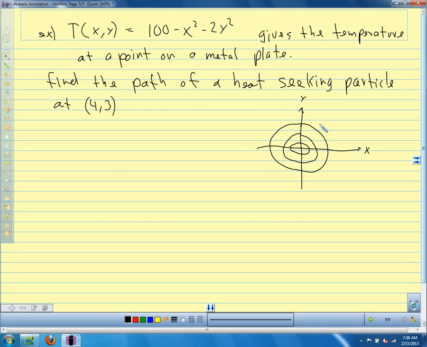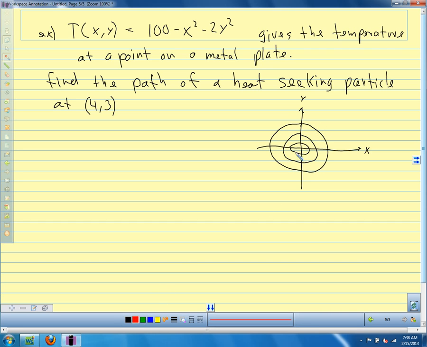And our particle, we know that it's going to move in the direction of the maximum temperature. So relative to these level curves, what's the path going to look like? The gradient is perpendicular, normal to the level curves. So at any point, it's going to go perpendicular to the level curve.